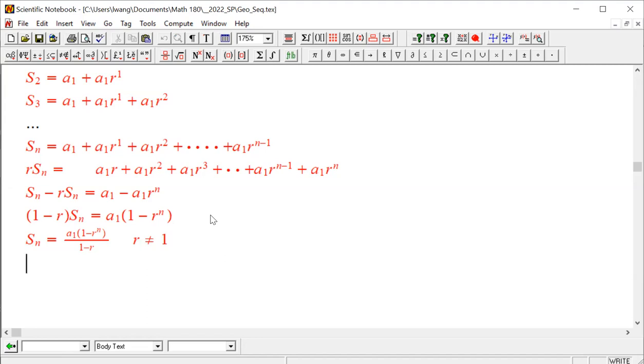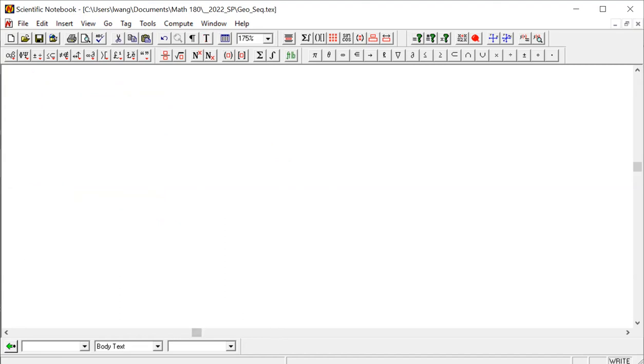So this is the partial sum of a geometric sequence, which is the sum of the first n terms, and it can be found from the first term and the common ratio. You can see that. So let's look at one application of it.